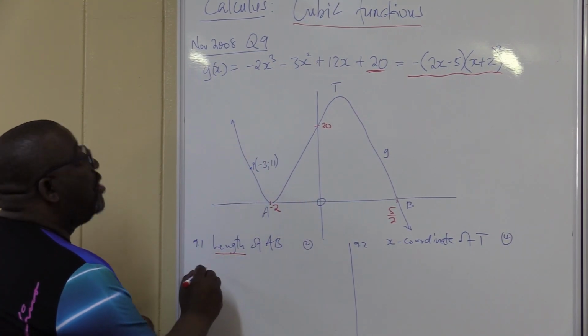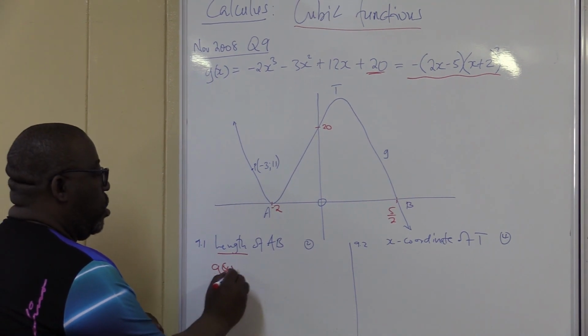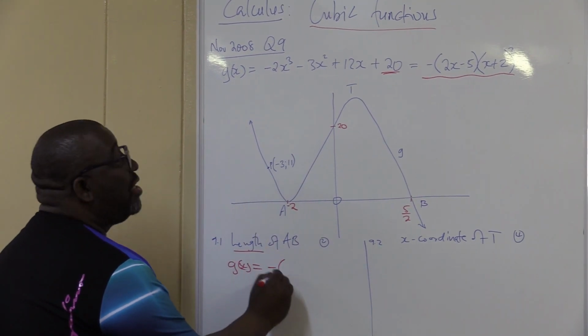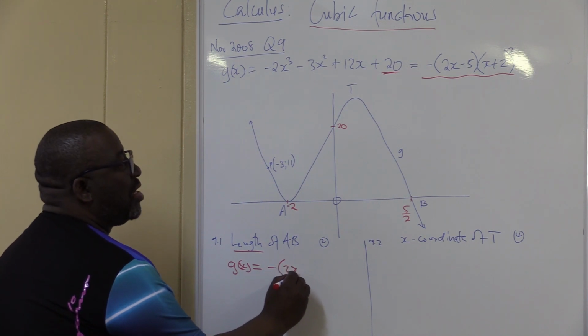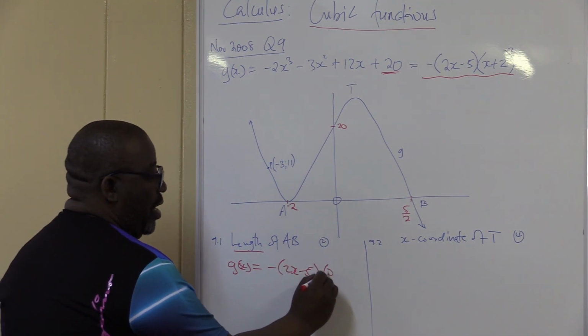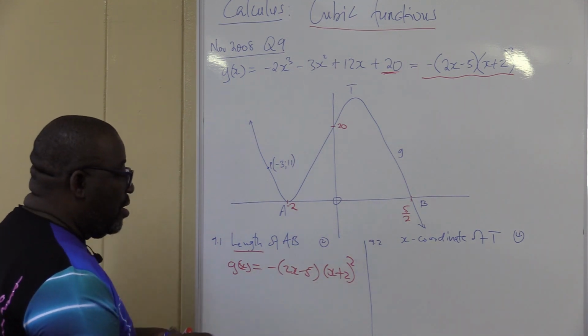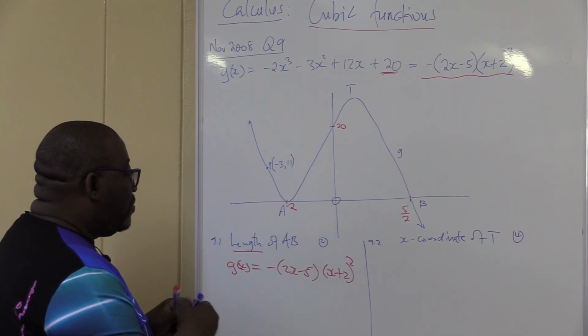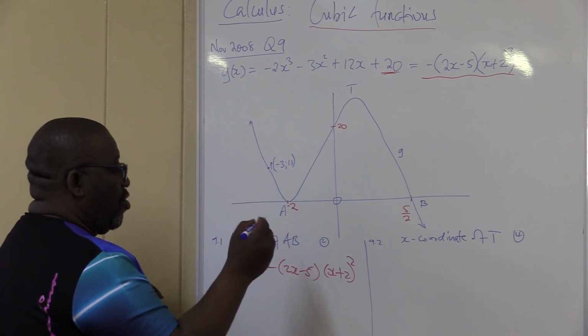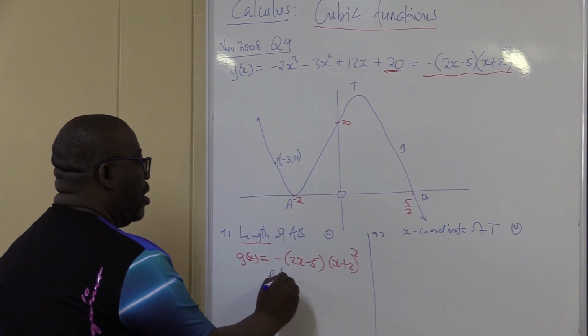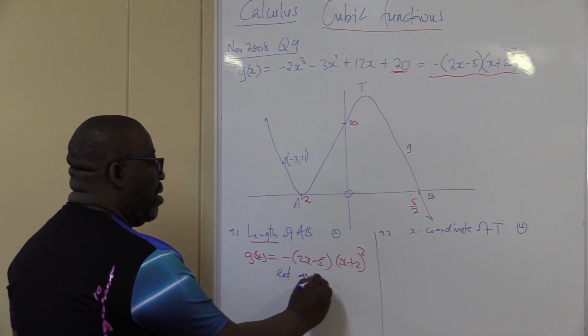You'll work it out. Number one, we'll set g of x equals minus into 2x minus 5 into x plus 2 all squared. I know this part will give me a turning point. Because I'm looking for roots, I'm going to let g of x be equal to 0.